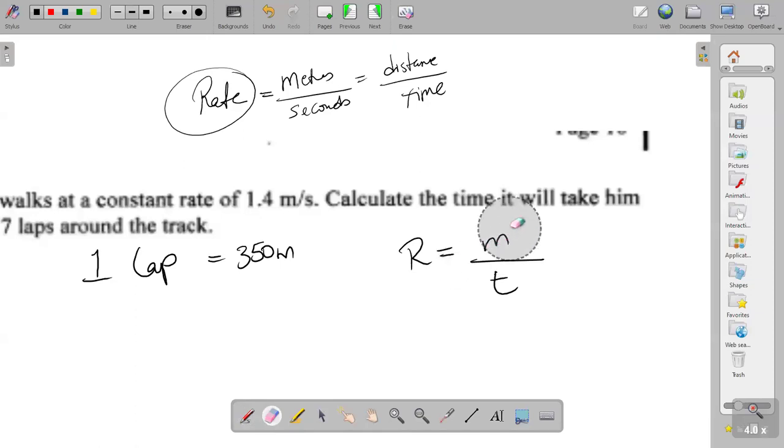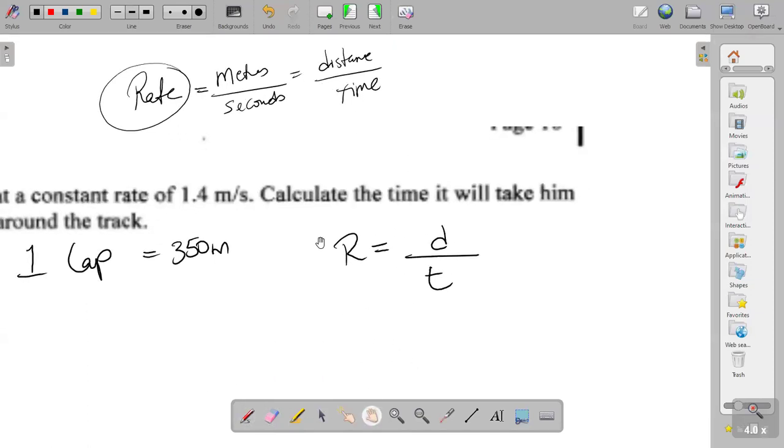Distance over time. Out of these 3, which 2 do we have? The rate doesn't change, so what's the rate? 1.4. What else do we have? Don't we have D? That's 350. What do we need? T.